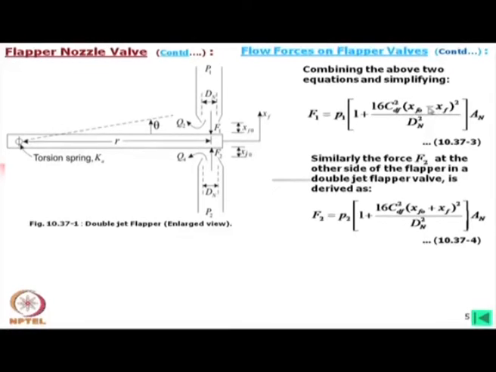Here we get a minus sign, here a plus sign. Why is it a minus sign? In that case, we have considered that this is the positive motion. That means xf is positive in this direction. So, while this flapper is moving in this direction with theta positive also, then this length is being decreased.